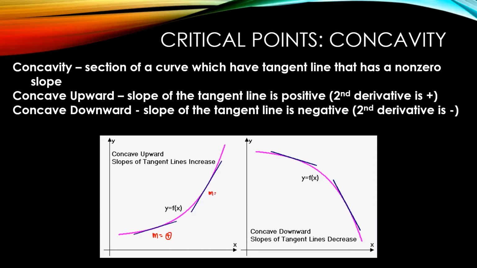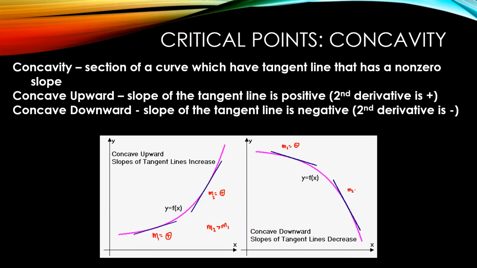This one, the slope is also positive, but which is bigger, slope number 1 or slope number 2? Both are positive. You can see that slope 2 is bigger than slope 1, so the function is increasing.